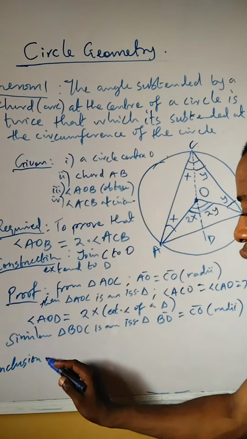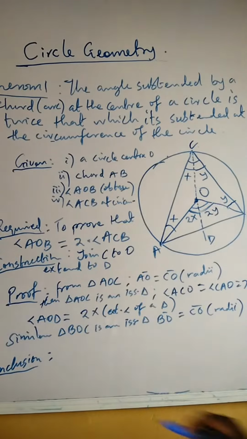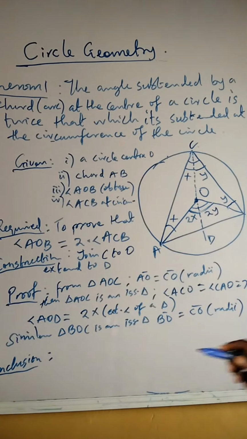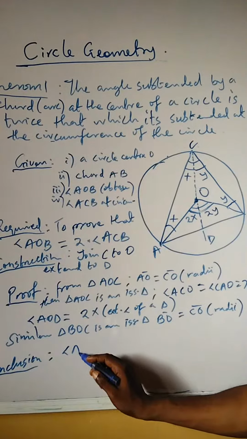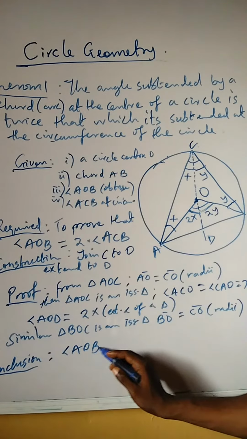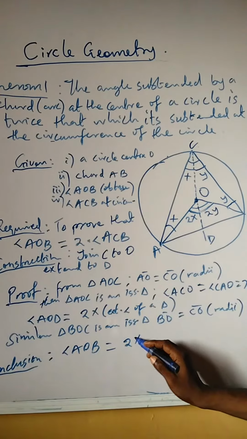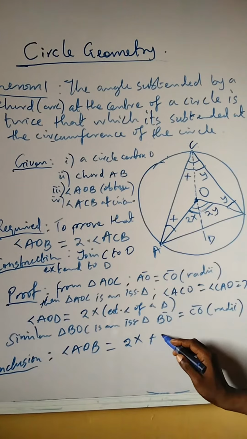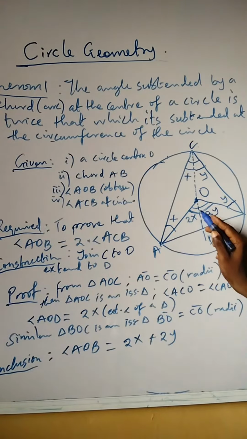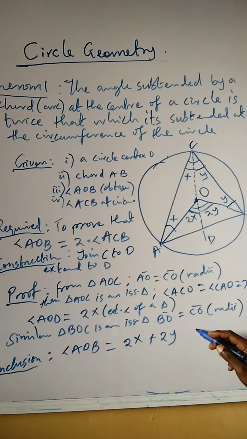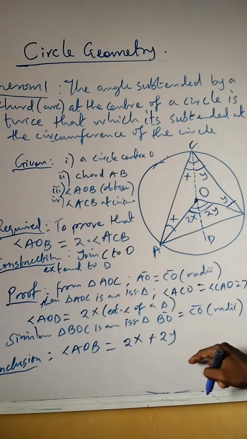So in conclusion now. Conclusion. We discover that angle AOB, which is the angle at the center, the entire angle at the center here, adds up to 2x plus 2y. So that is the angle at the center. And here, 2 is common.